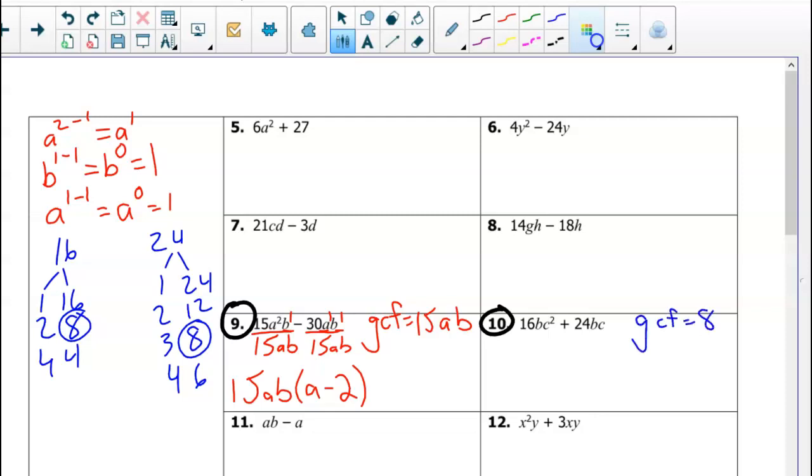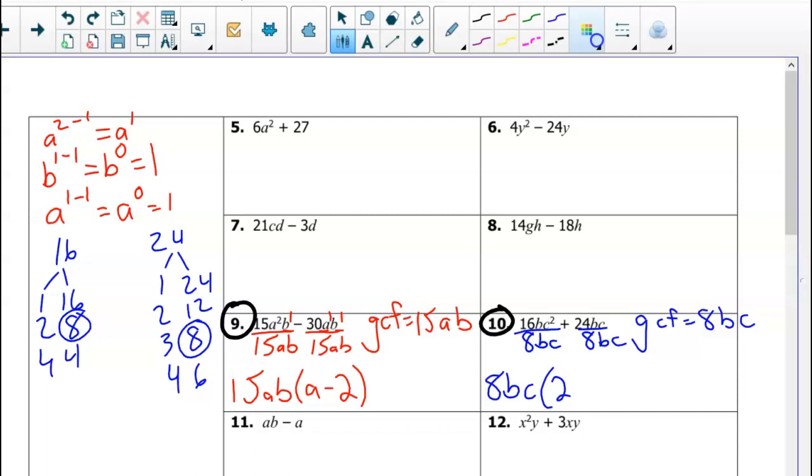These both have b's and c's, but I have to look for the lowest amount, which is 1b and 1c. And then I'm going to divide each term by 8bc. 16 divided by 8 is 2. B over B is just going to be 1, so I don't need to put that.